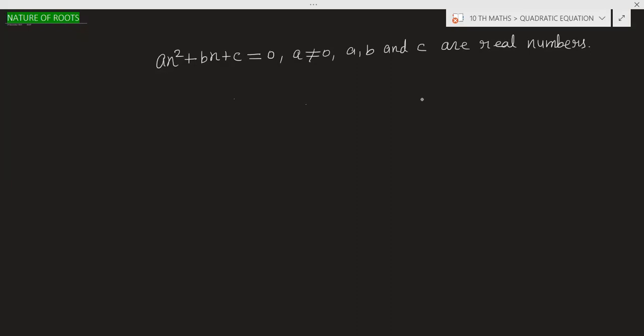So roots of this quadratic equation can be given by the quadratic formula: x is equal to minus b plus minus under root of b square minus 4ac, divided by 2a.